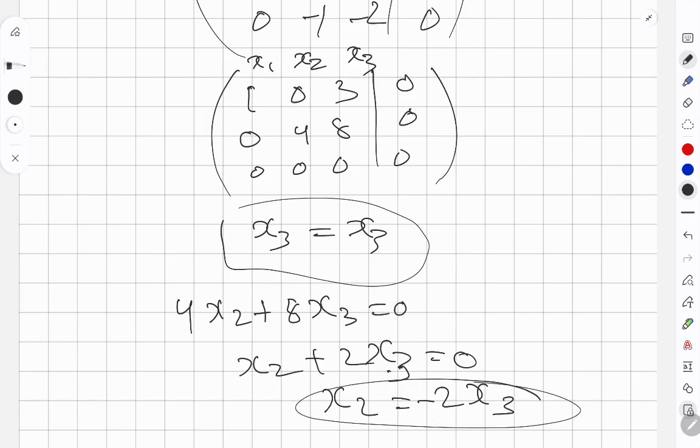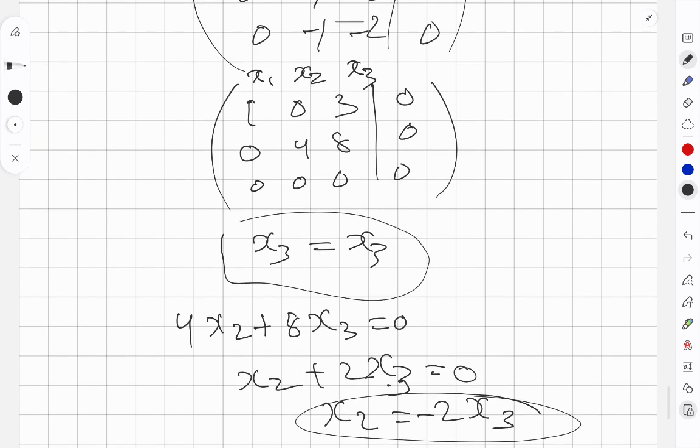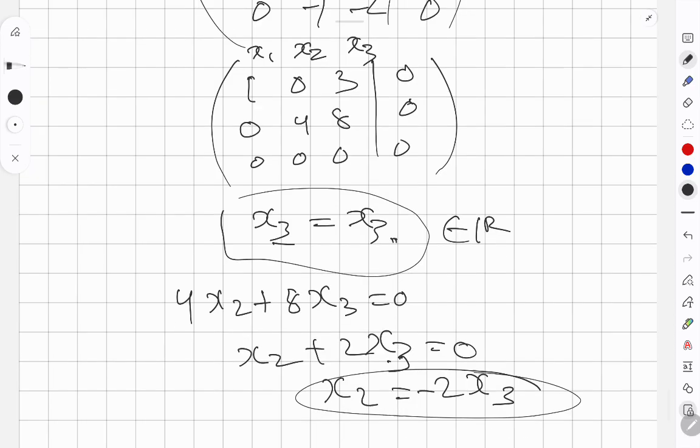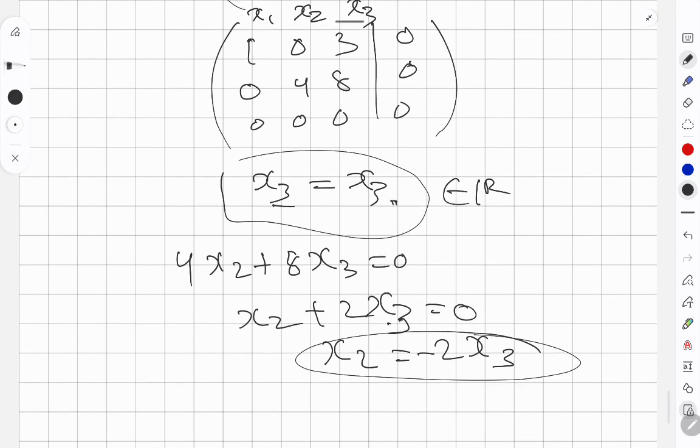Did you understand? From this line, x3 is a free variable belonging to R, and I wrote 4 times x2 plus 8 times x3 is equal to 0. I just took 4 common and took it to that side, so 0.